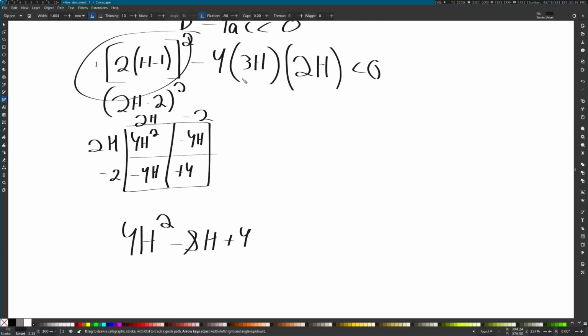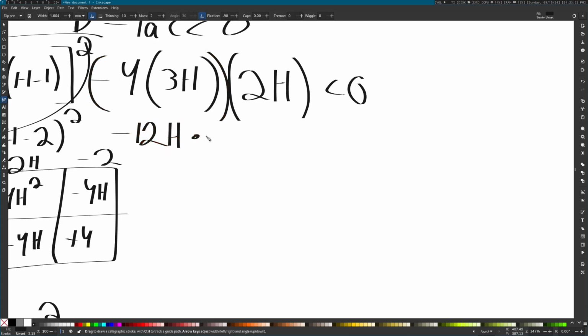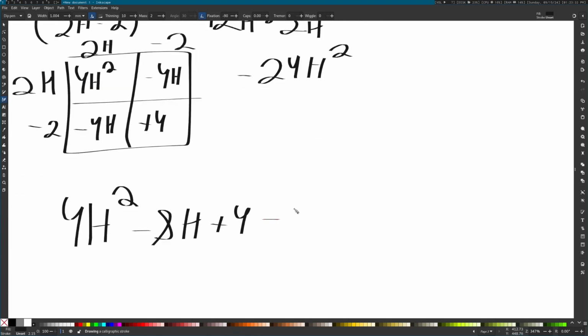Okay, and now for this, it would be negative 4 times 3h, so this part is negative 12h, and we multiply by 2h, so that's going to be negative 24h squared, minus 24h squared.